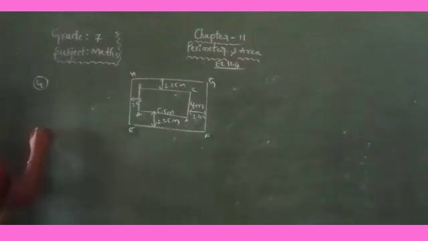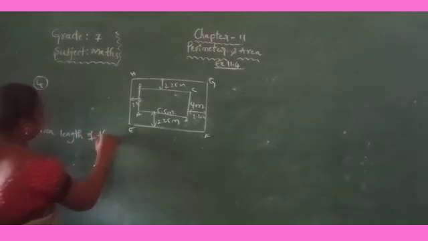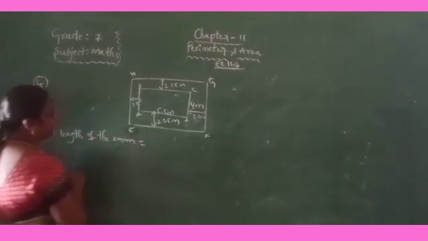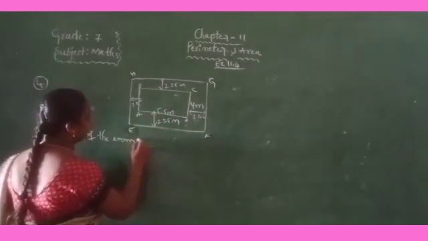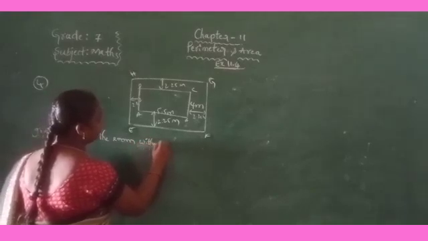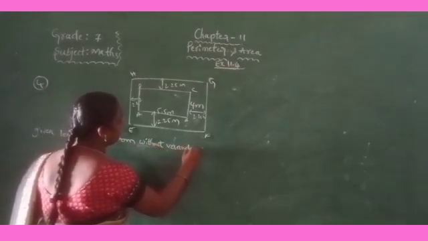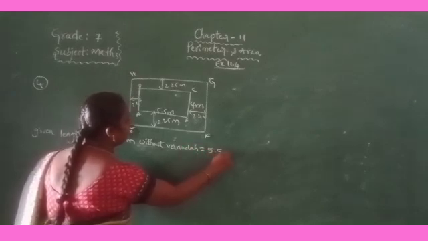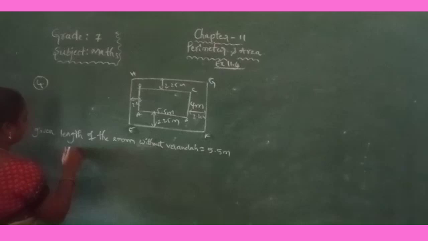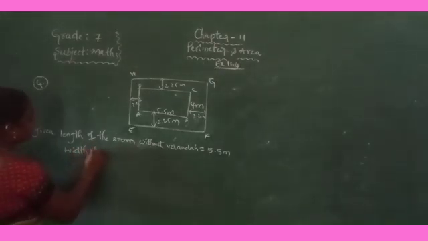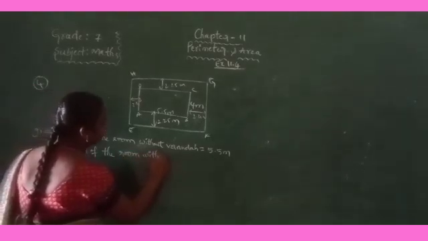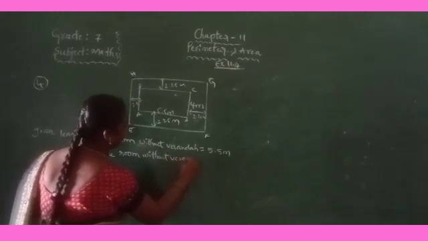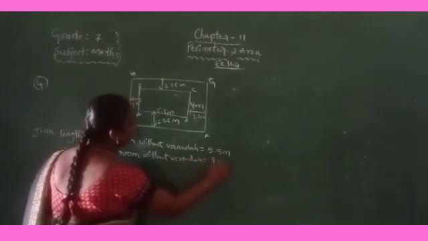Given the length of the room without veranda, the length is 5.5 meters. What is the width of the room without veranda? The width given is 4 meters.